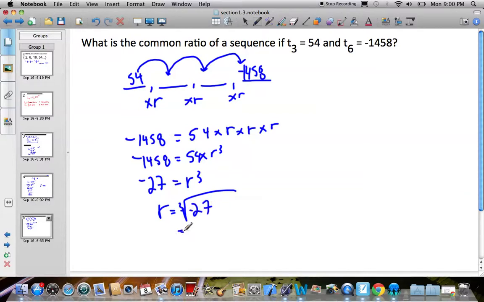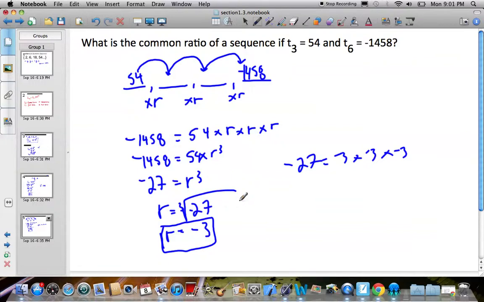Otherwise, you can understand what cube root means. What number multiplies by itself 3 times to get negative 27? Well, of course, the answer is negative 3. So r is equal to negative 3. All I said there was negative 27 is equal to negative 3 times negative 3 times negative 3. That's what cube root means. And that's my answer, negative 3.